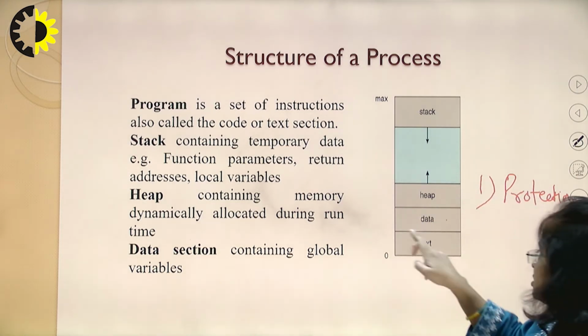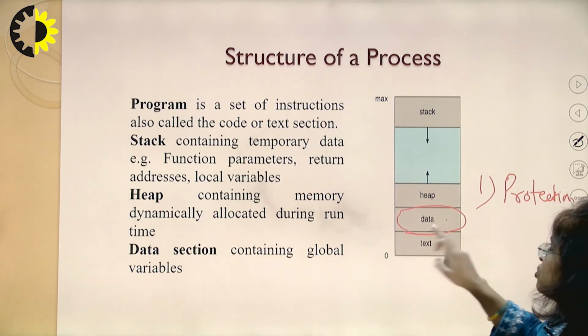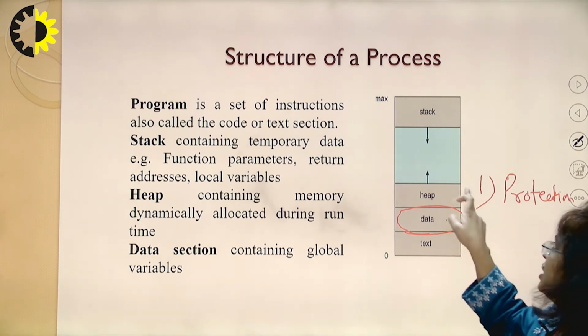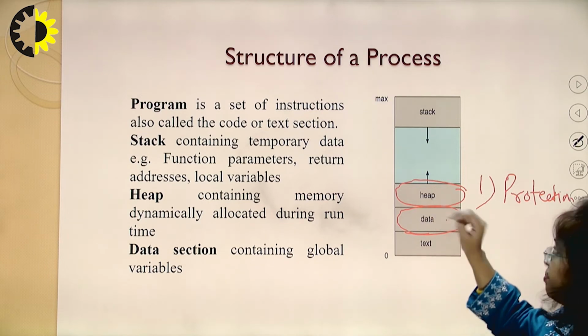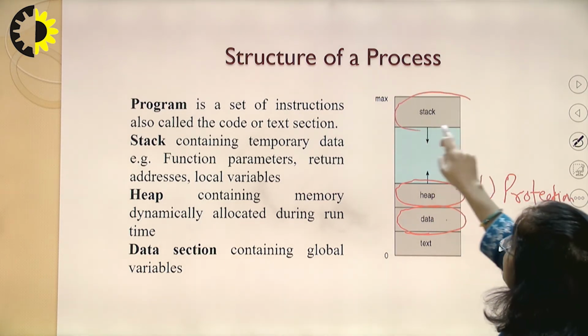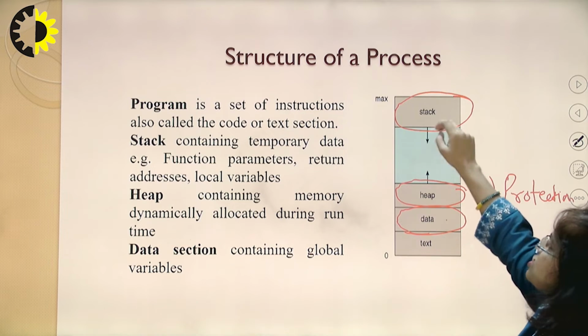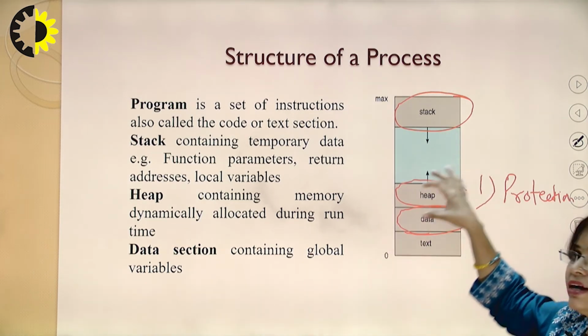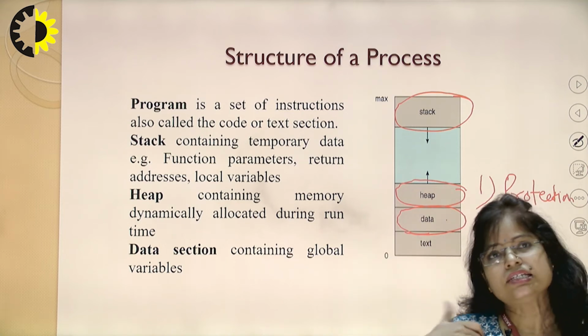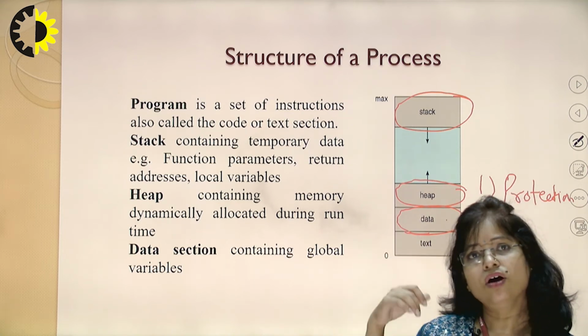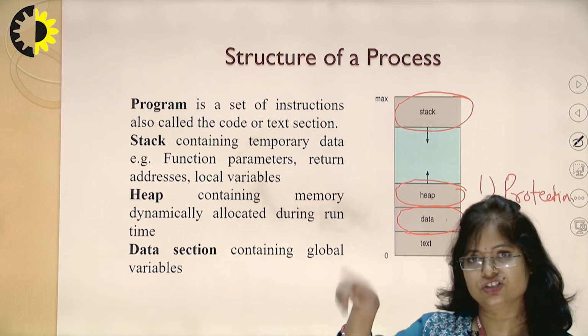Global variables are stored in the data part. Memory allocated during runtime is stored in the heap part, and temporary variable-related data is stored in the stack part. So we provide a different level of protection to these layers. This is the basic reason for this categorization of data.